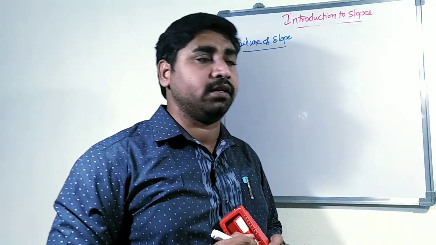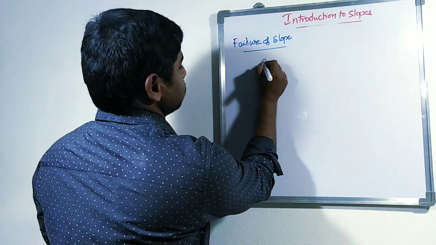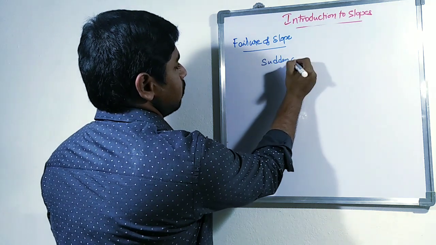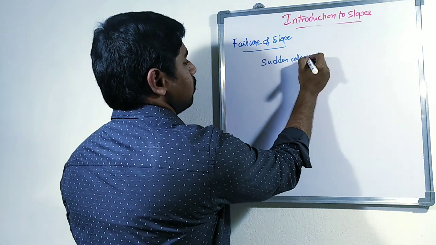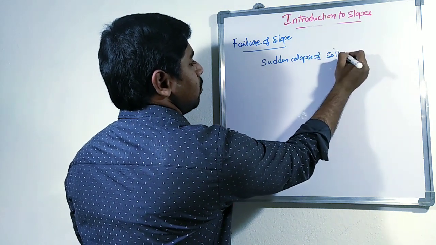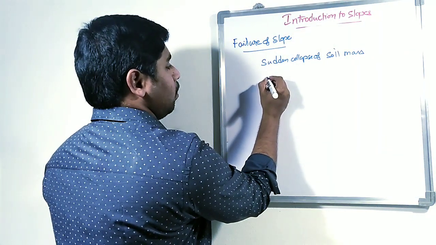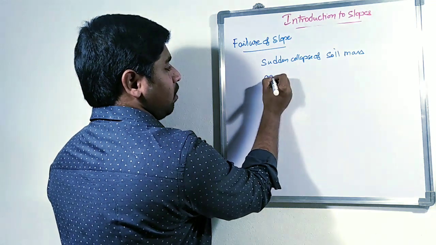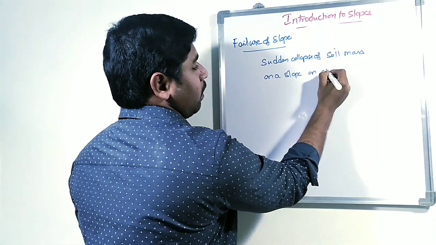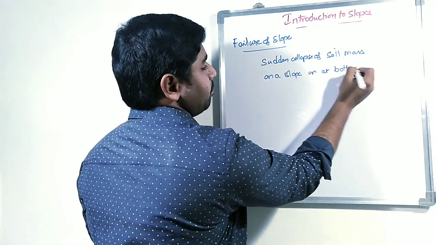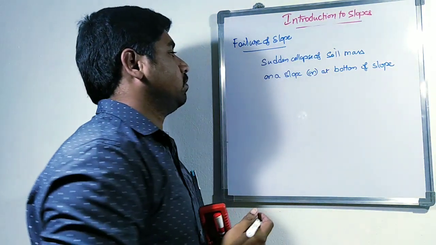If we see the definition, we can define it as the sudden collapse of soil mass on a slope or at the bottom of the slope.